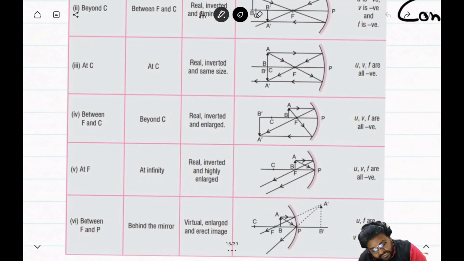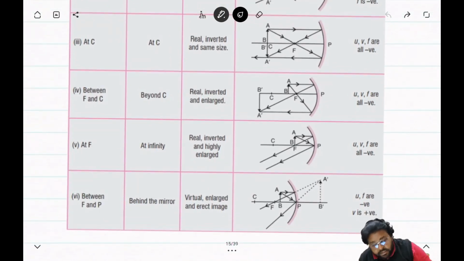If I keep the object at C, we will get the same size, real, inverted image at C itself.